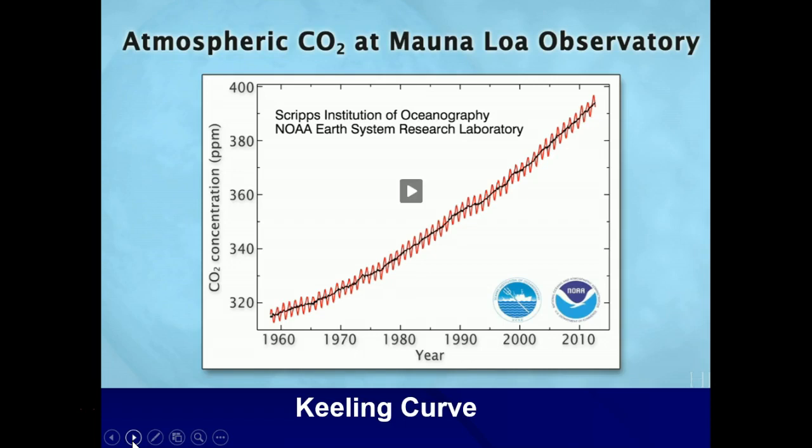Now, remember the scale: carbon dioxide is a trace gas in our atmosphere, only 0.03%. 0.03% doesn't sound like a lot, and it's not. But it turns out carbon dioxide is a big player, because it is a greenhouse gas.